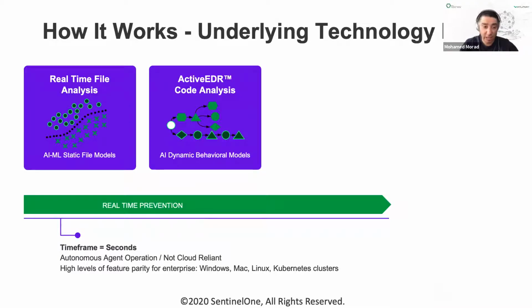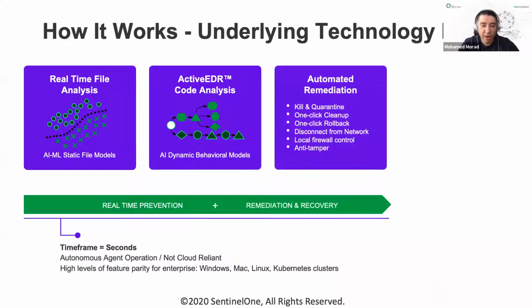But that's not all. So something ran in your system and something needs to be done in your system to get it back completely clean to before the attack happened, which is going to be provided by the agent with a feature called remediation.